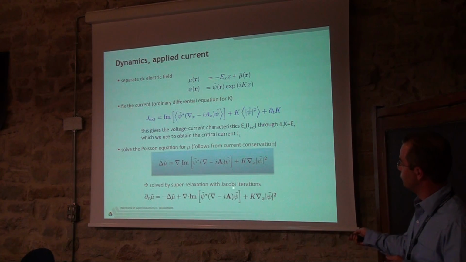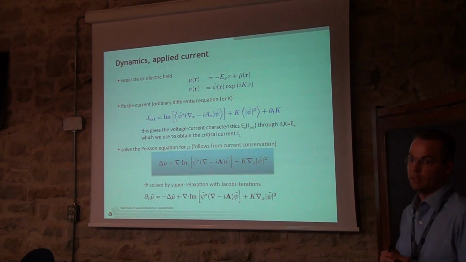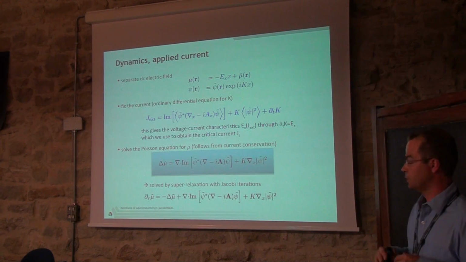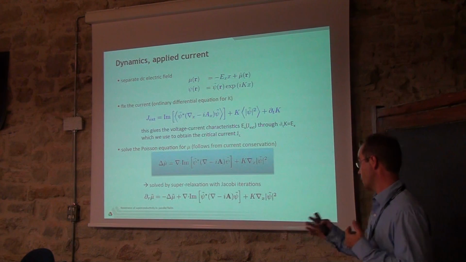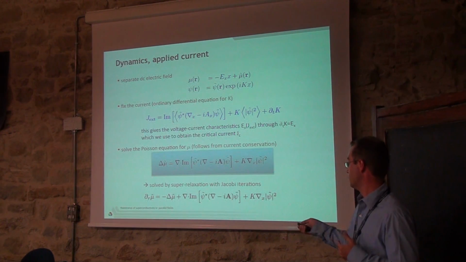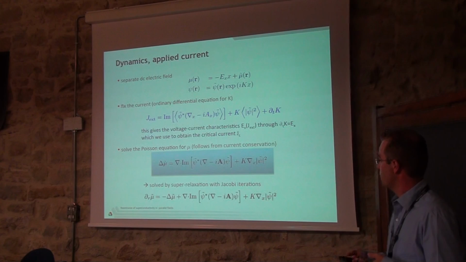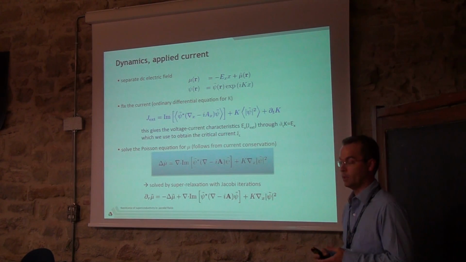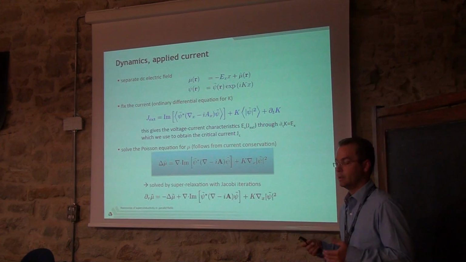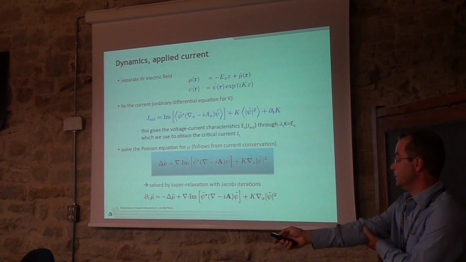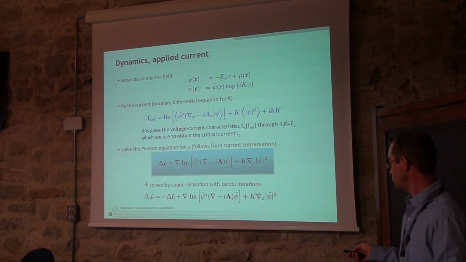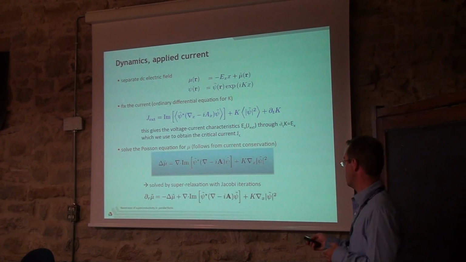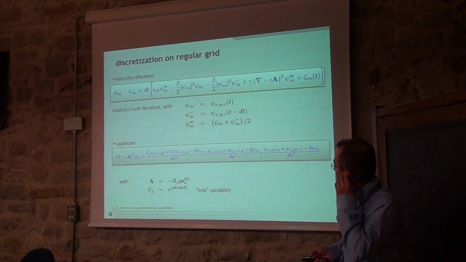So we introduce a virtual time scale here, which describes a super relaxation of the scalar potential towards the static solution given the order parameter. If you look at these equations, you might think you can solve these by some spectral method, so use a Fourier transform and solve it, but unfortunately this is not always possible. But anyway, this method here is rather efficient in our scheme as well.